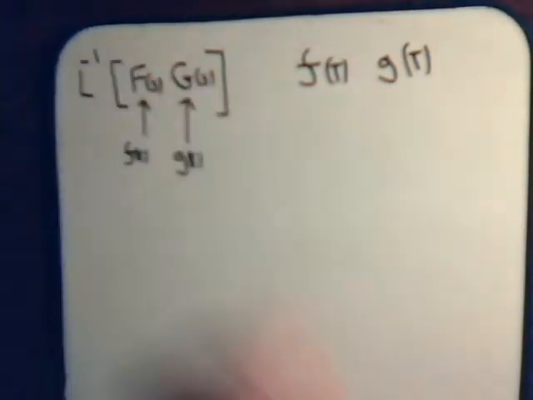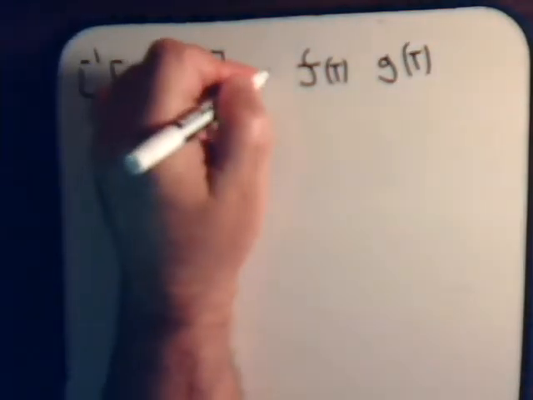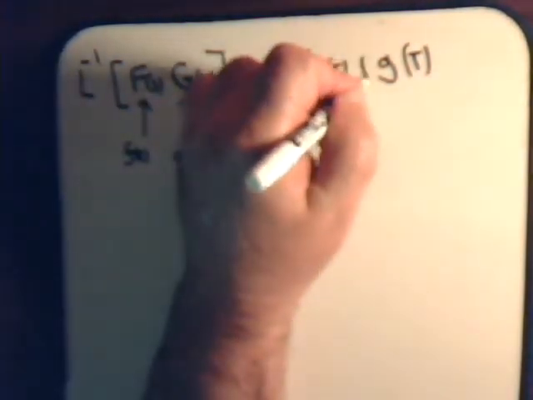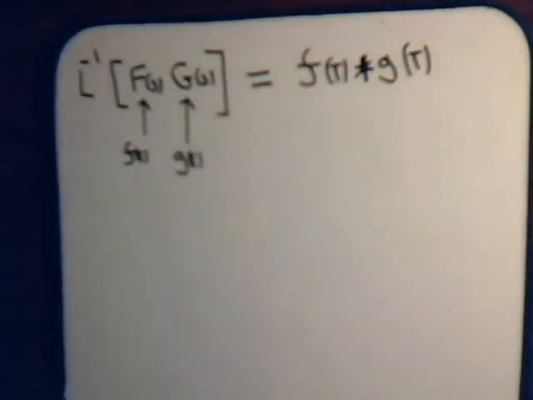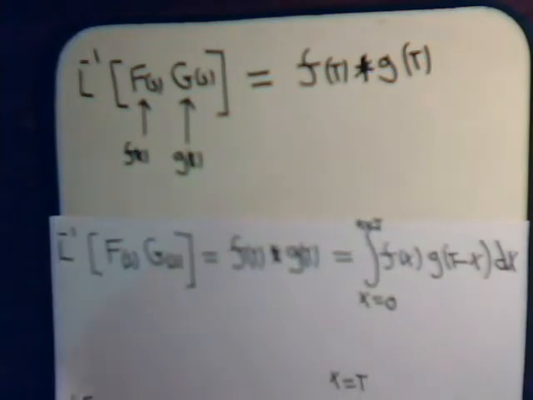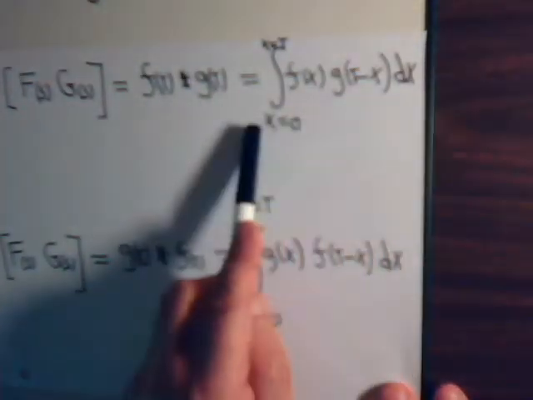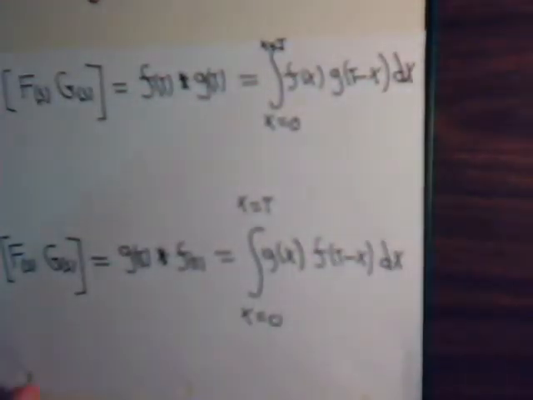What that equals is the convolution of f of t and g of t, whereby the convolution is this integral expression.